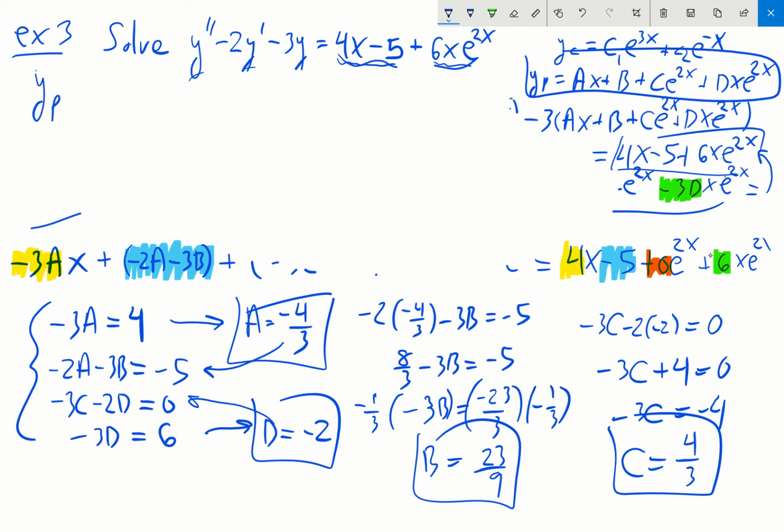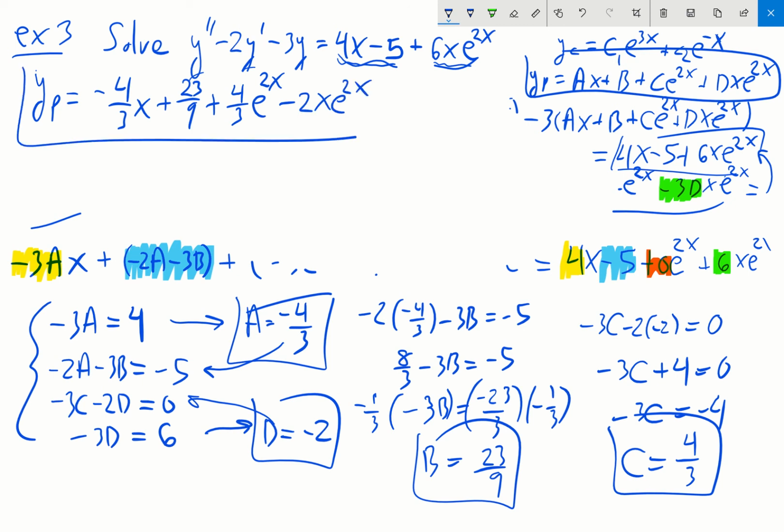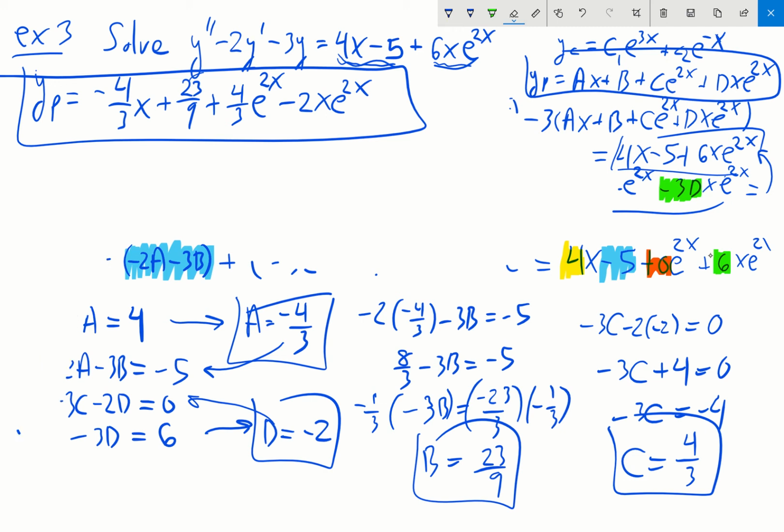So y particular is equal to ax, that is negative 4/3 x, plus b, that's plus 23/9, plus c, which is 4/3, e to the 2x, and then plus d, where d is negative 2, x e to the 2x. And that gives us the particular solution to our differential equation.